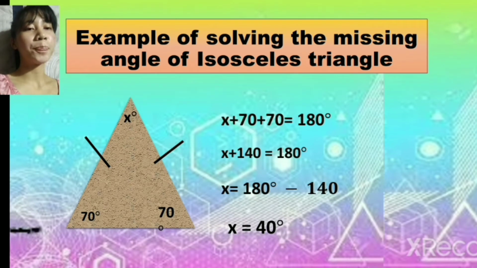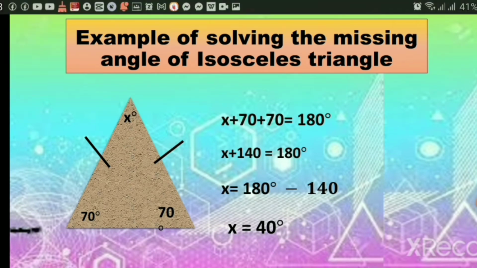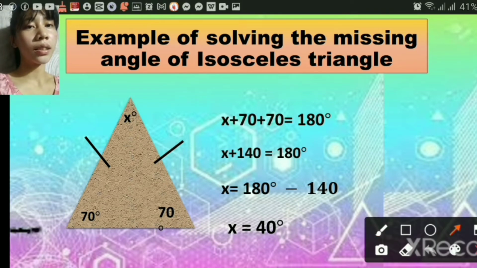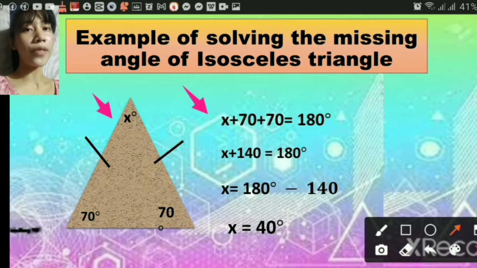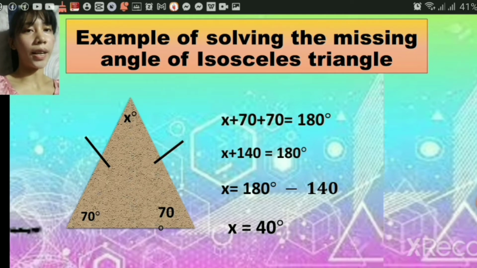If you want to check it, just substitute here the value of x, which is 40. Then 40 plus 70 plus 70 is equals to 180 degrees, right?